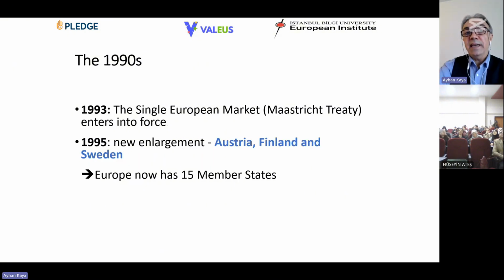1993, another very important date in the history of the European Union, that is when the single European market was put into force together with the Maastricht Treaty. Now trade is there, European identity is there, economic union is there, common security and foreign policy is there. So the European Union was becoming more or less a transnational community.